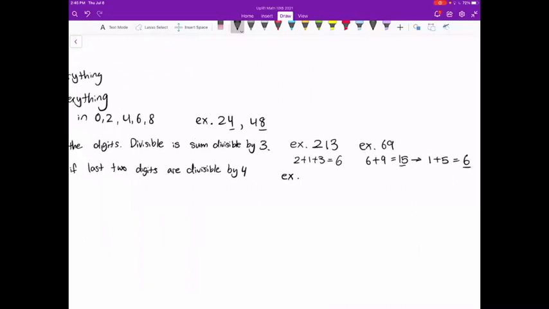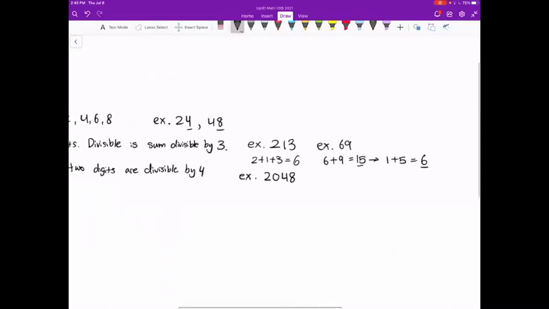We can use an example number 2048. And we can see that the last 2 digits, 48, is indeed divisible by 4. So we know that the whole number is divisible by 4.